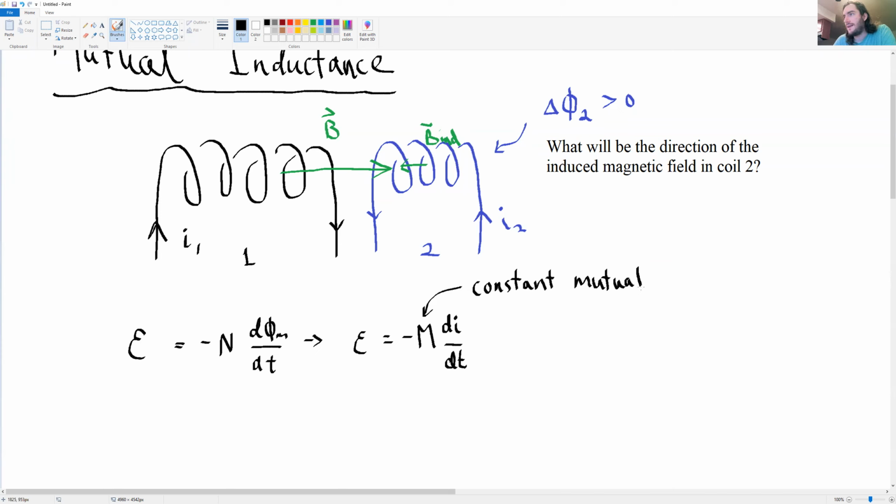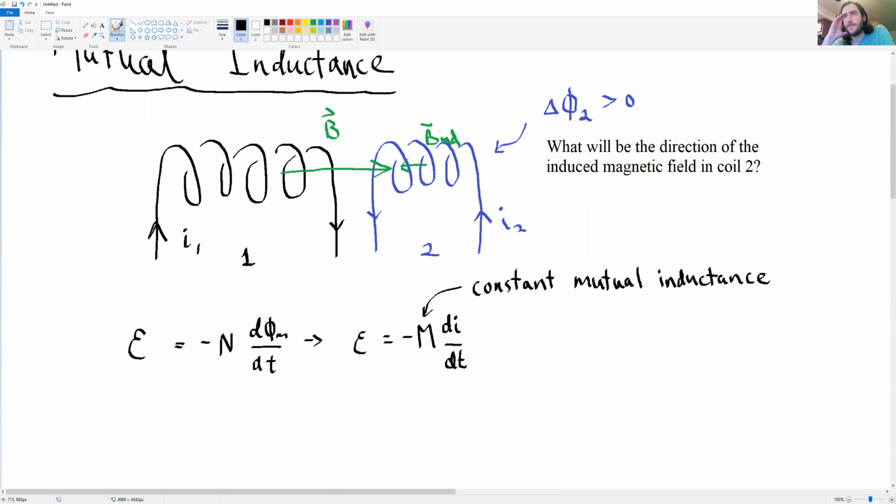Now let's add in some subscripts to this equation, because it's quite important that we have the subscripts to understand what the equation is saying. So, constant mutual inductance. It is coil 1 here which has a current which was changing. We started with no current, and we flip a switch and the current turns on.